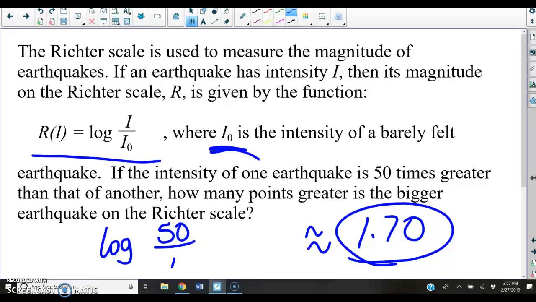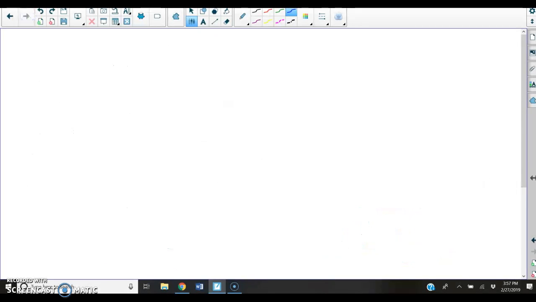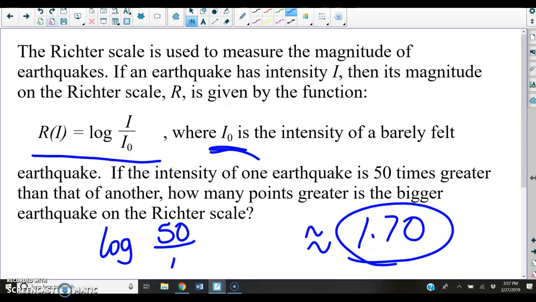That's 50 times greater than the other one. Okay, so one on the Richter scale is a lot more than 1 times greater. It's tough when you see that. This also works with sound decibels. So logarithms are used probably more than you realize, but you will learn more and more as you work with more and more science.